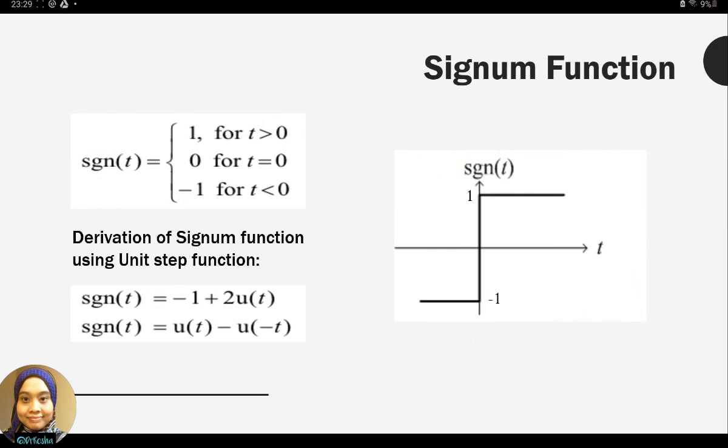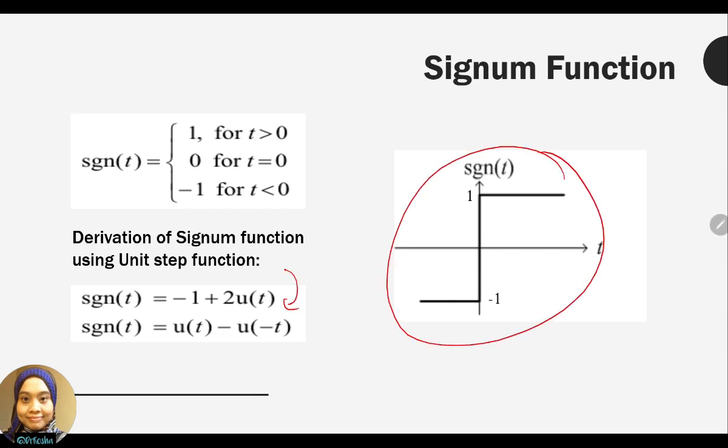Right, next is the signum function. This is the derivation of the signum function using the unit step function on this part. But when we want to translate from this graph or function to the equation, you need to see it properly on the time domain.